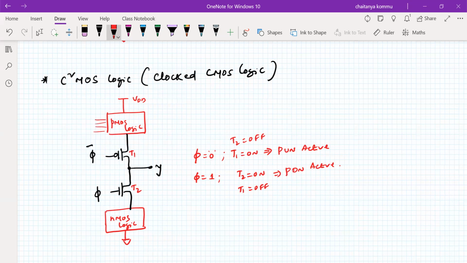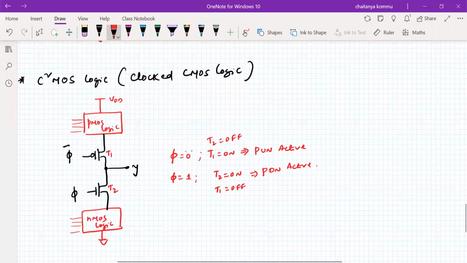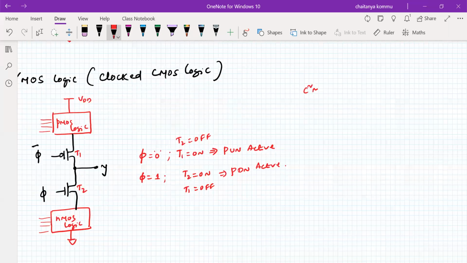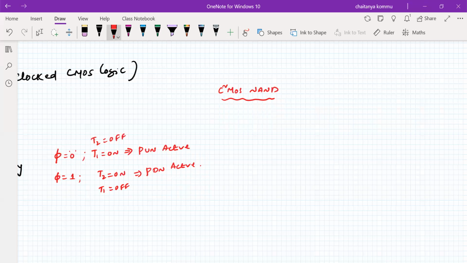For the sake of simplicity, let me write a clocked CMOS NAND gate, for example. We know that the NMOS transistors are connected in series, but the PMOS transistors are connected in parallel.